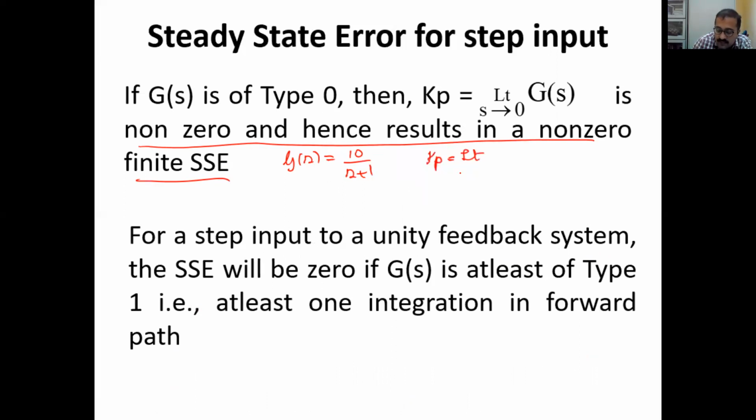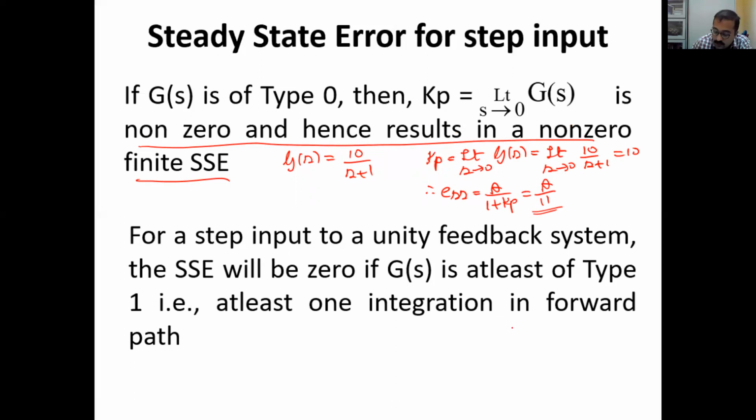Kp is limit S tends to 0, G of S, so limit S tends to 0, 10 by S plus 1, which means 10. So what will be the steady state error? ESS will be A divided by 1 plus Kp, which means A divided by 11, which is a finite quantity. That is what is written here. Kp is non-zero and hence results in a non-zero finite steady state error.